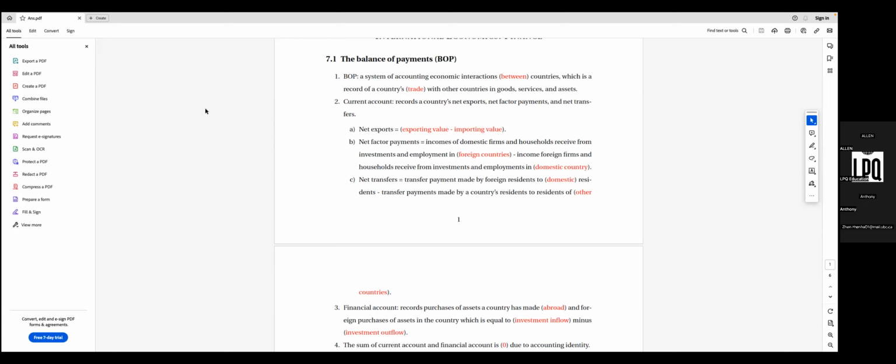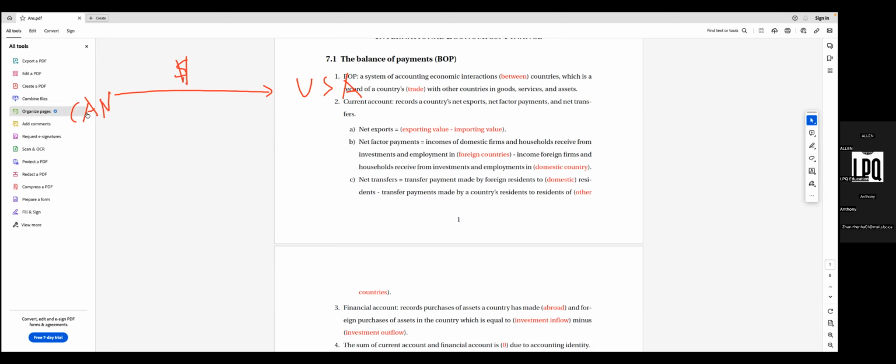Money, for some reason, is leaving from Canada and being injected into the American financial market. Here the left-hand side is Canada, and here is USA.